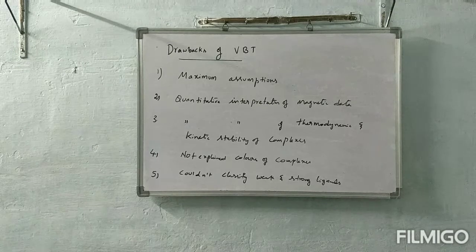To explain the drawbacks of valence bond theory, the next theory was proposed, named crystal field theory, given as CFT. Now let us start crystal field theory and see what the successful explanations of CFT are. Till now we have completed valence bond theory and its drawbacks. I hope you are all clear about this.